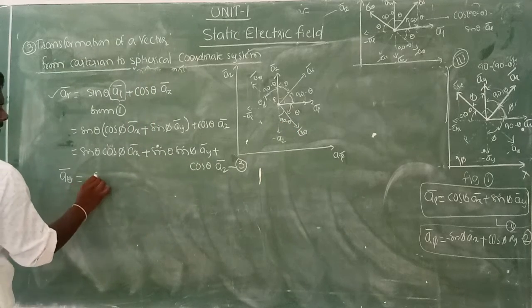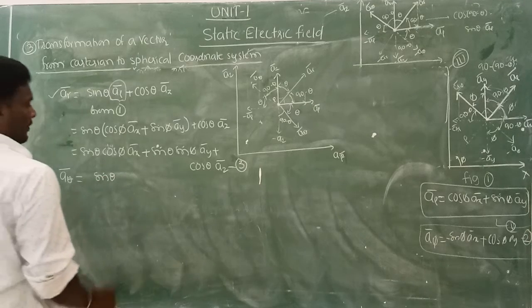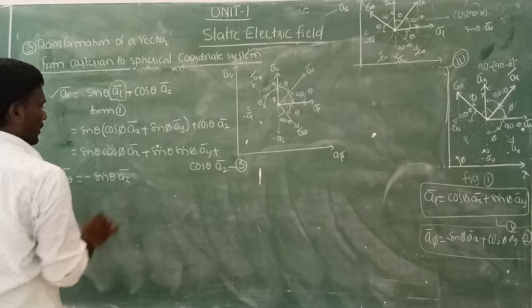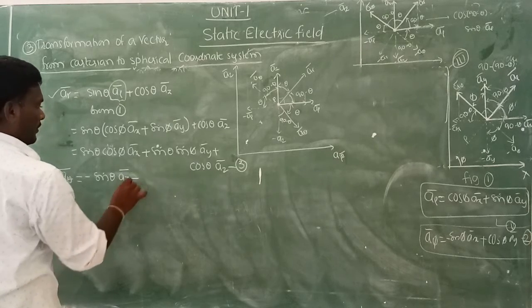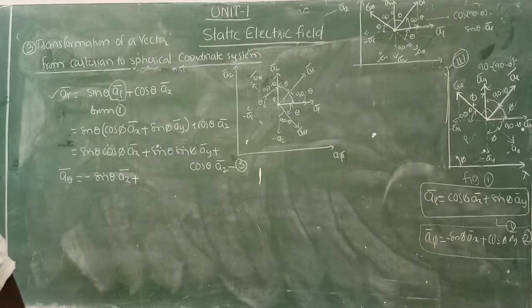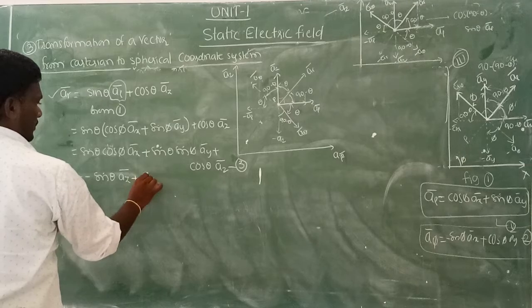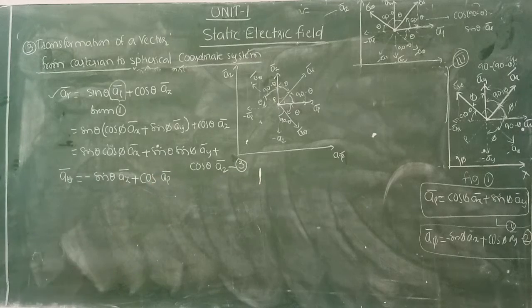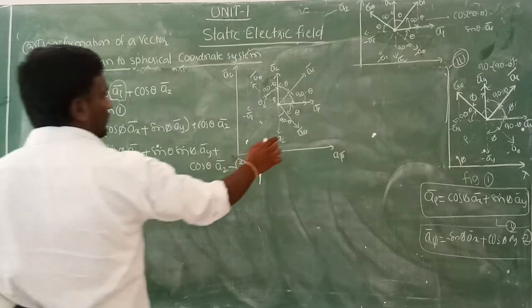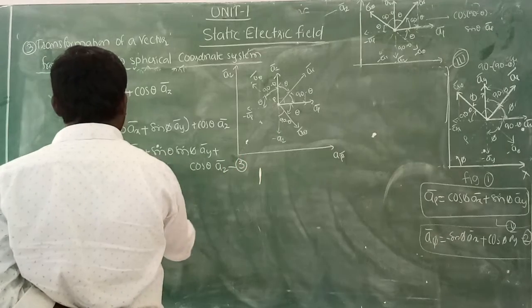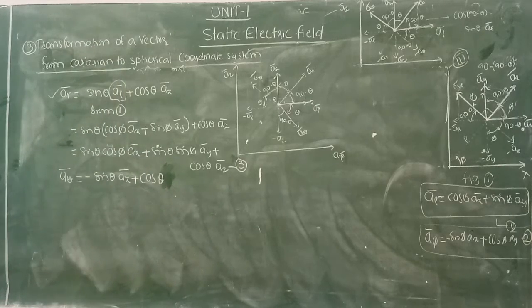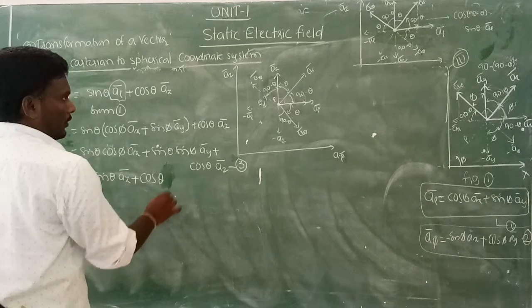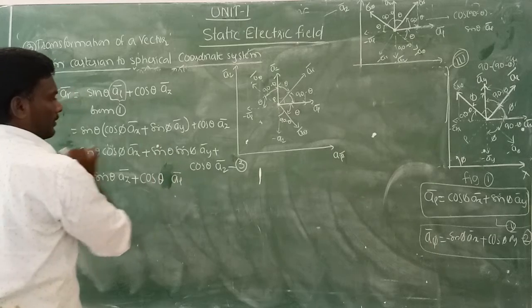Cos 90 minus theta is sin theta, so a theta bar is sin theta into minus az bar plus cos theta into a rho bar. Sorry, it is a theta. Is that right? Right.